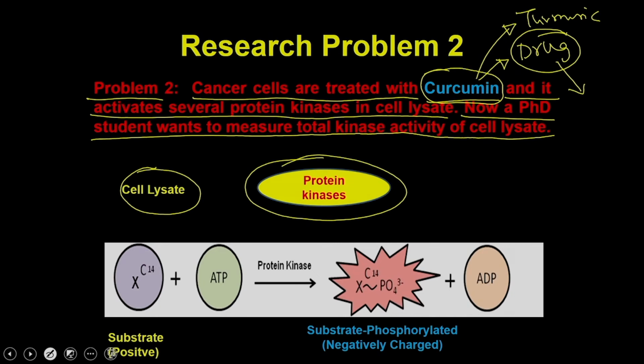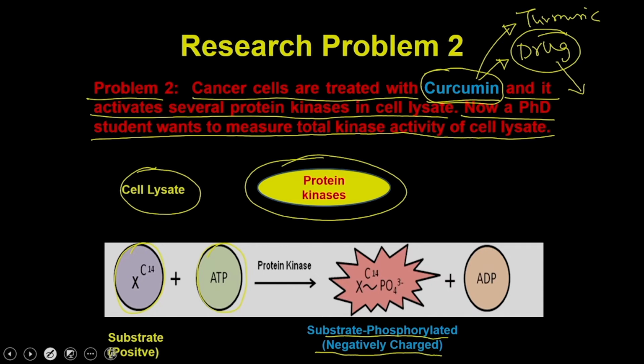They are converting the substrate, with the help of ATP, to phosphorylated substrates, which means they are generating negatively charged molecules.